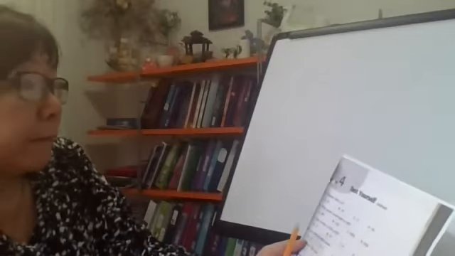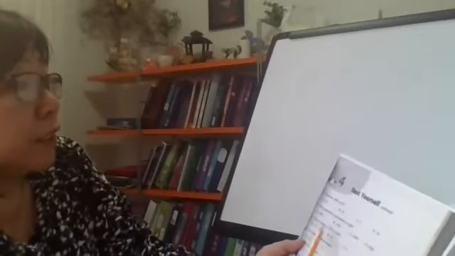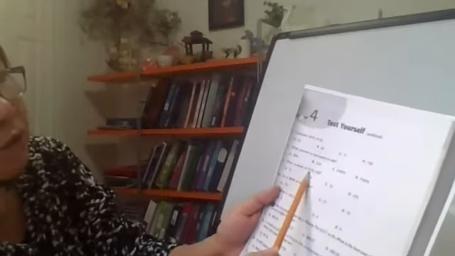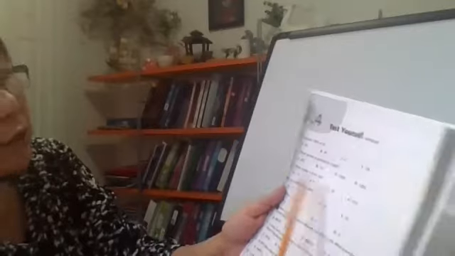For example, number 9, the question asks what number is 37.5% of 200. So let me show you how to do number 9.